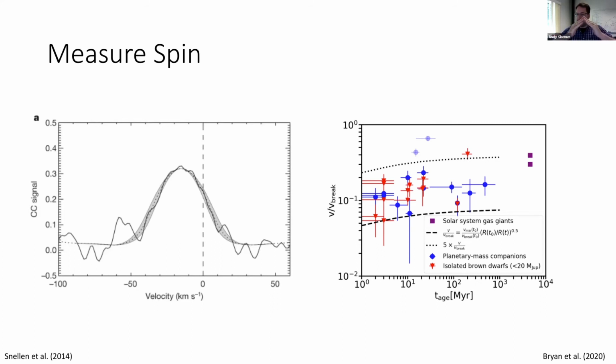You can measure the width of those lines, and that allows you to measure the V sin i, or the spin of the planets. Marta Bryan has done a lot of this, for younger objects and older objects. What this shows is that the spins of exoplanets are pretty baked in at young ages. They don't vary a whole lot by the time you get up to a gigayear.